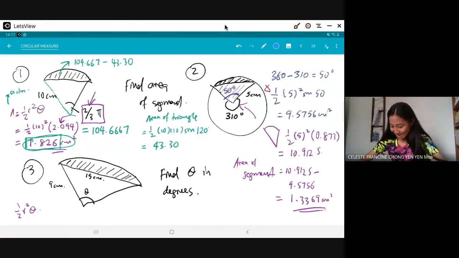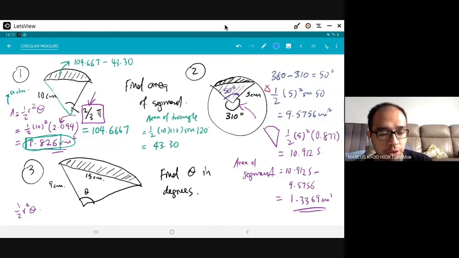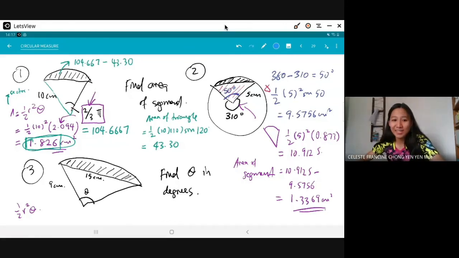Actually, I thought I did it correctly, but then I found out I was wrong. Okay, can you tell me what you did? I mistook the 15 cm for the length of r. So I used the formula to find.